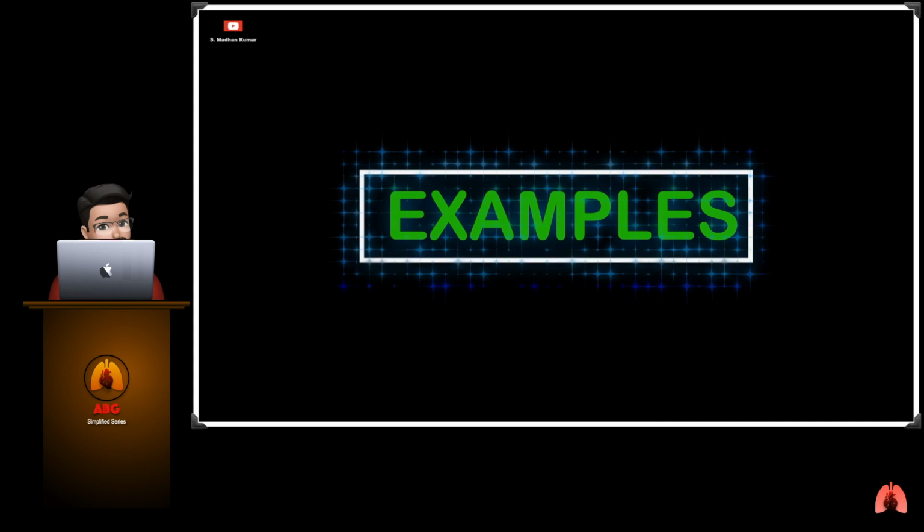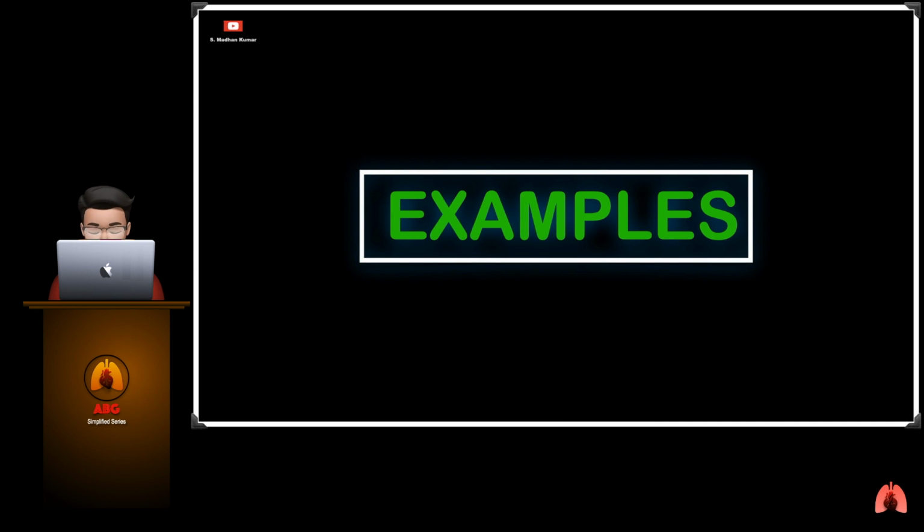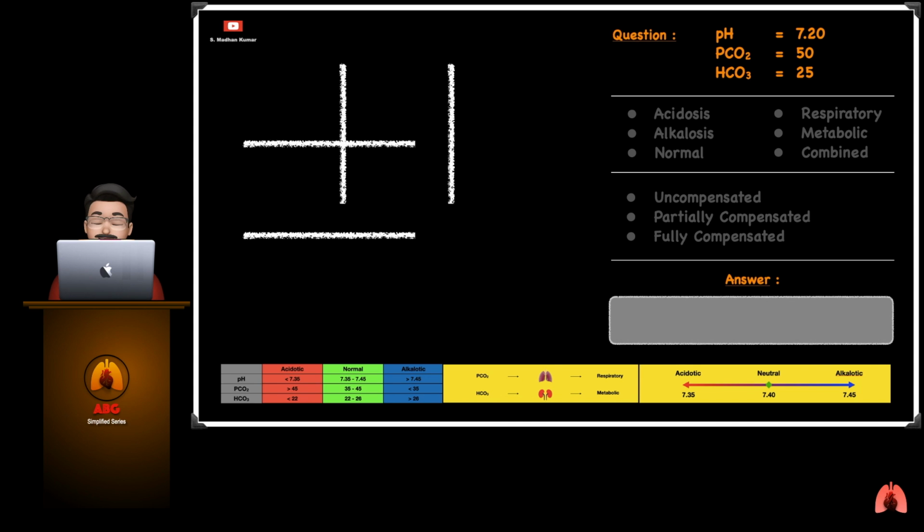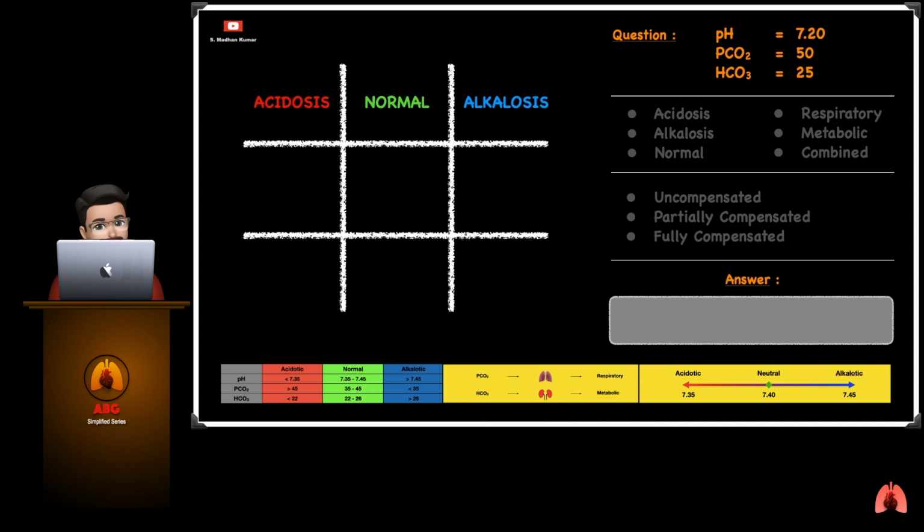Let us see some examples. Here, pH is 7.20, which is acidotic when we compare the values with the given table. So, mark the pH under the acidosis column. PCO2 is 50, which is also acidotic.